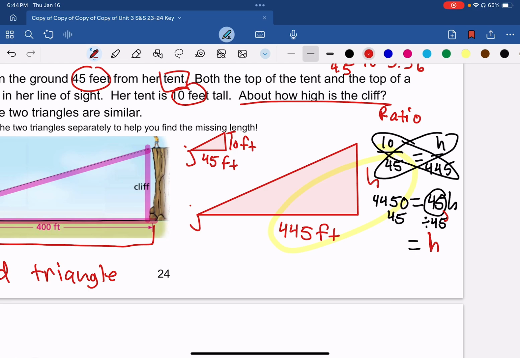You should get 98.88889. Let's do 2 decimals, so that's 98.89, right? There you go. You should get the same answer or about the same answer as a scale factor. All right.